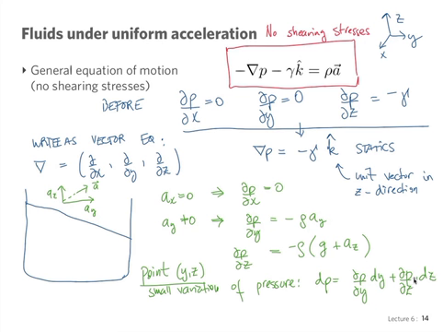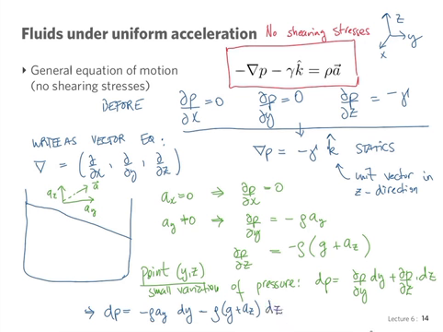I know dP/dy and dP/dz from above. So I get dP is equal to minus rho a_y dy minus rho (g plus a_z) dz.